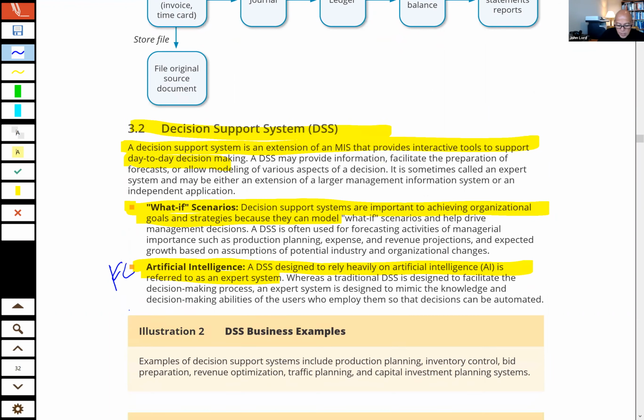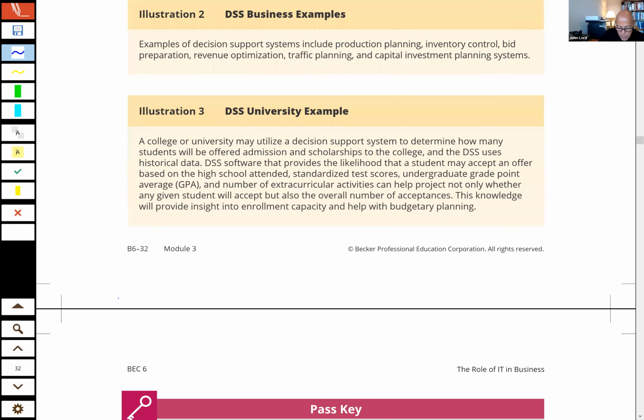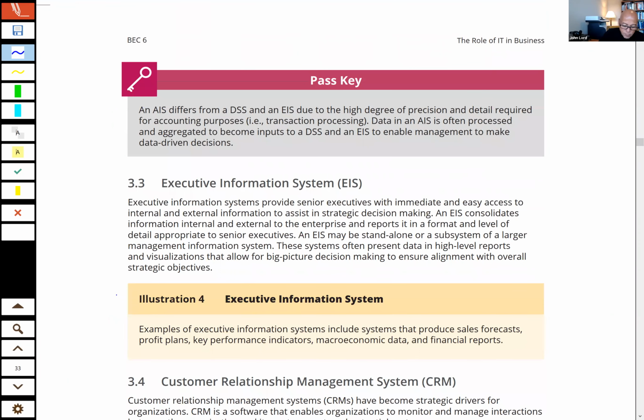Okay. Now you come over and you can also have executive information system beyond the management information system. So the executive information system provides senior executives with immediate and easy access to internal and external information. An EIS may be a standalone or a subsystem of a larger management information system.